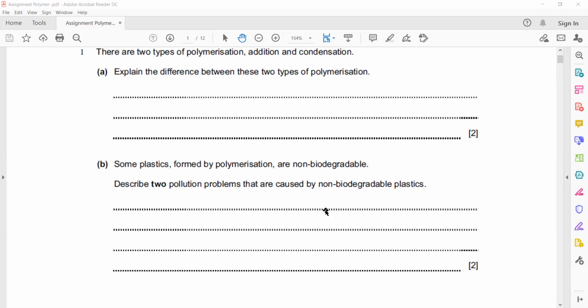Yeah, water pollution, land pollution. Yeah, that's right. So you can mention animals can be caught in plastic, for example a fishing line, or you can mention combustion of these can give toxic gases, and it will use a lot of space, landfill resources.